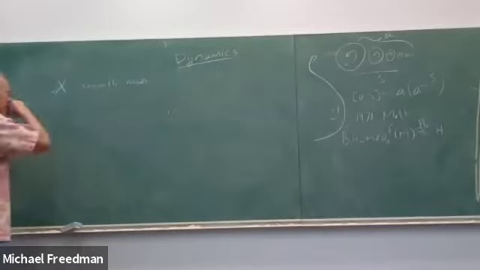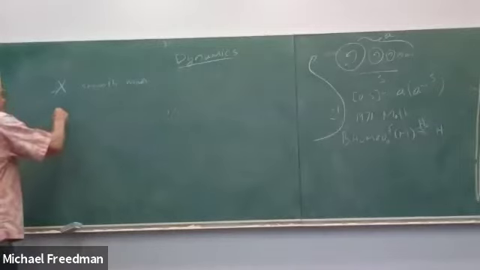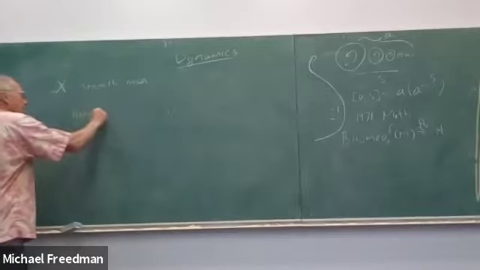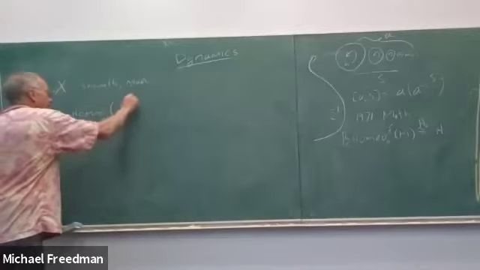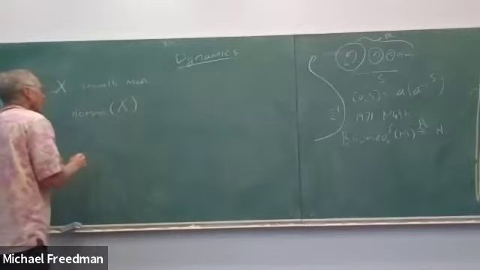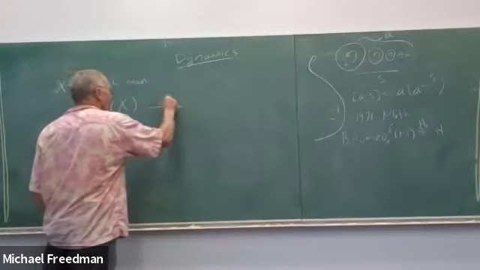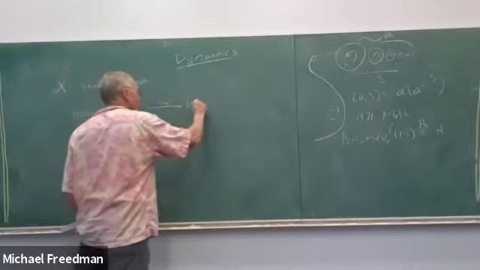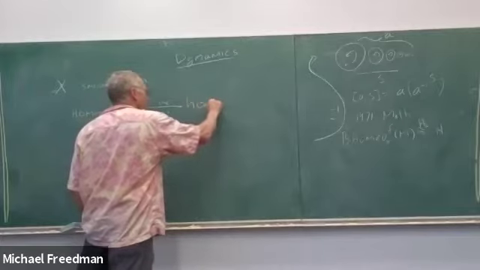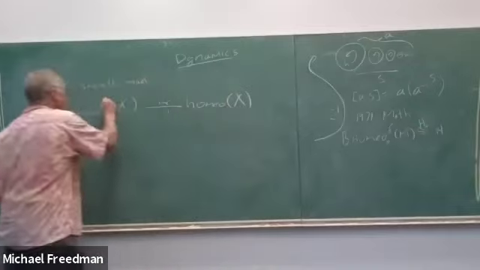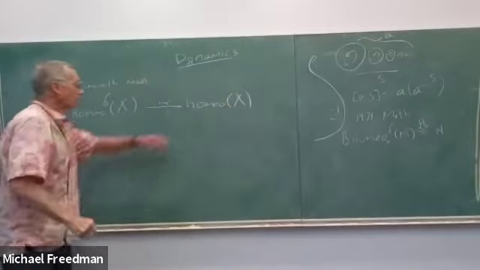Compact, non-compact, it doesn't matter. If we look at the homeomorphisms of X, no need to take the identity component. And we include it into the homeomorphisms. But here we put the discrete topology on, and here the usual topology.